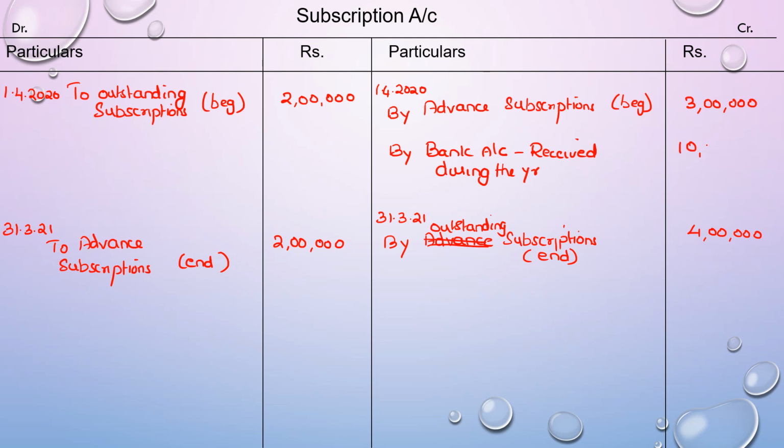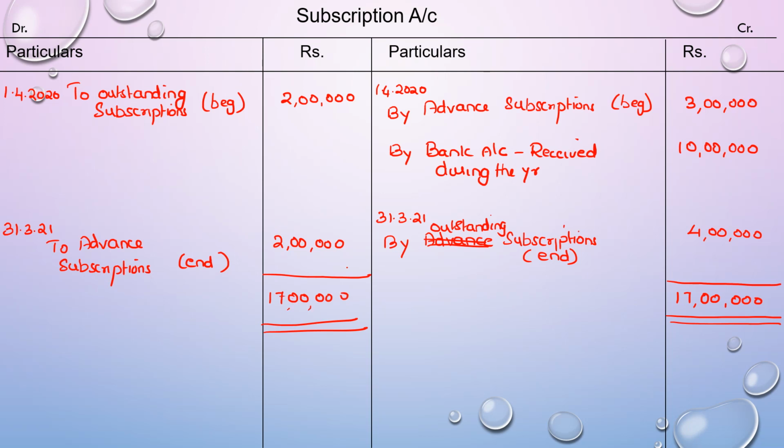That is 10 lakh. Now we will close this account. Having put all the information available with us, we close this account. So total it up. It is 17 lakh. Write it on the debit side, 17 lakh. Now 17 lakh minus 4 lakh would be 13 lakh.